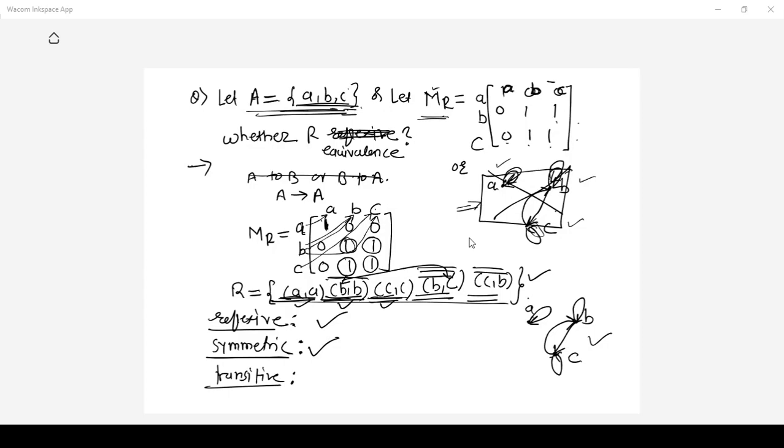Then C comma C and C comma B, then C comma B should be there. It is there, C comma B. So likewise, if you check, it satisfies the transitive property as well. And as it is reflexive, symmetric and transitive, you can say it is an equivalence relation.